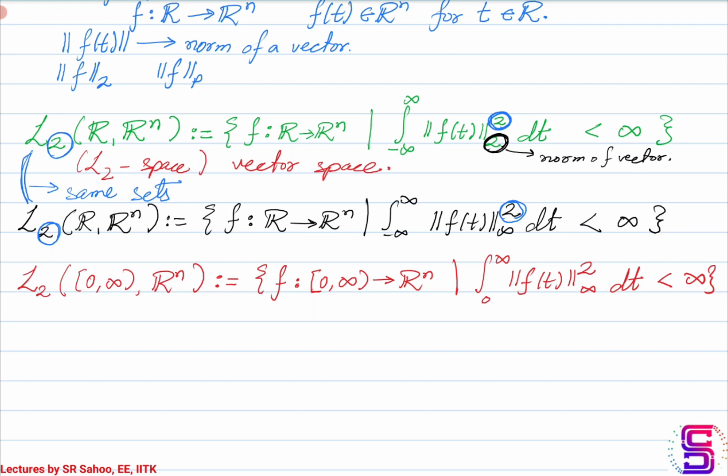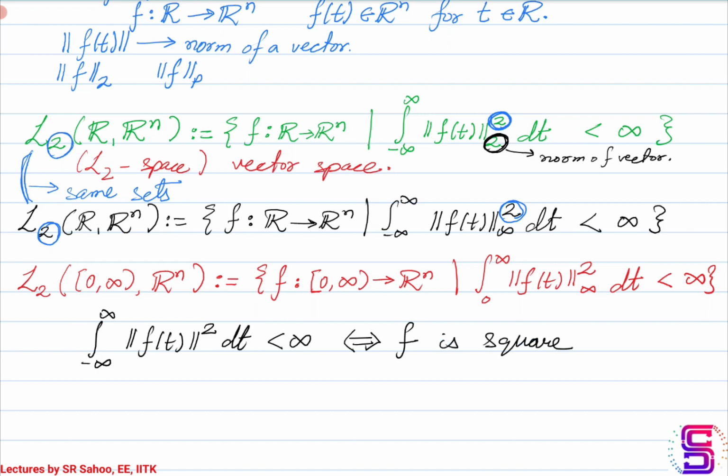You have got a name for this particular condition that you are actually seeing. So this is just for L2 space; I'll give you a general definition for the Lp space as well. The integration from minus infinite to infinite of any p norm of f of t squared dt less than infinity essentially means that the function f is square integrable.